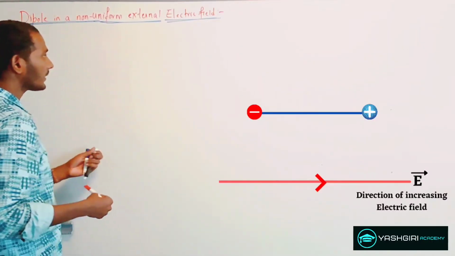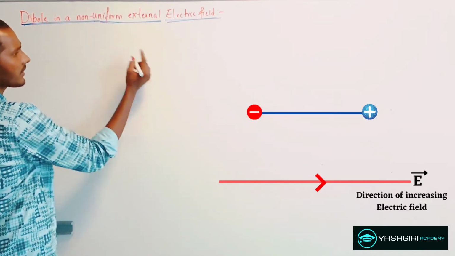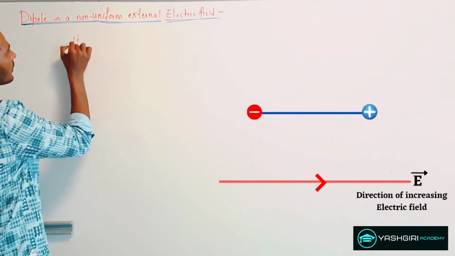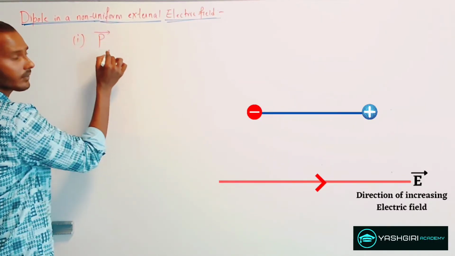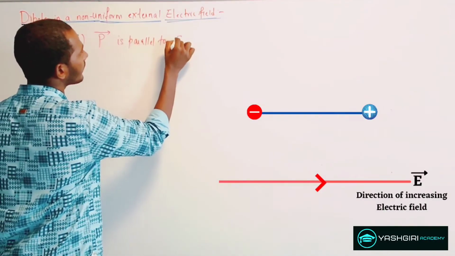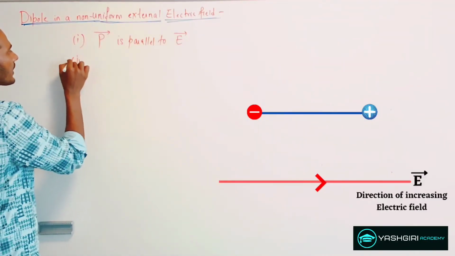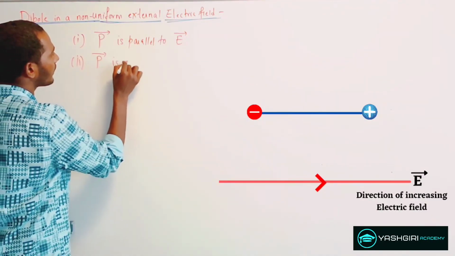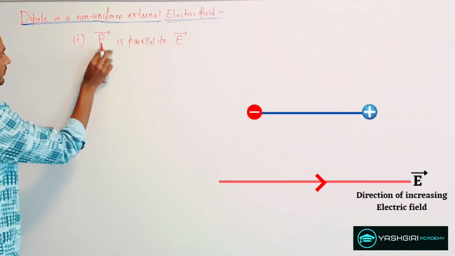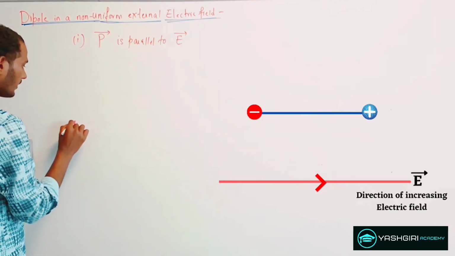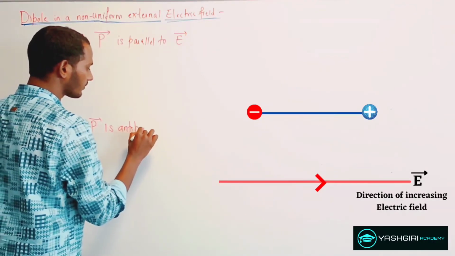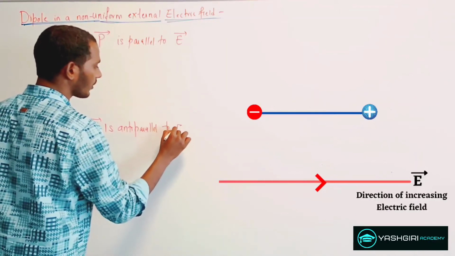In the first case, the dipole moment is parallel to the external electric field, and in the second case, the dipole moment is anti-parallel. So that will be the second case: vector P is anti-parallel to vector E.